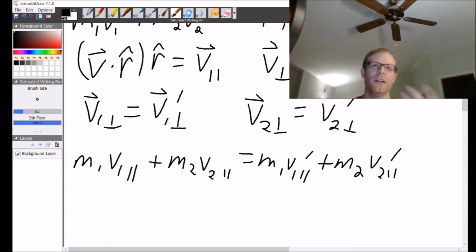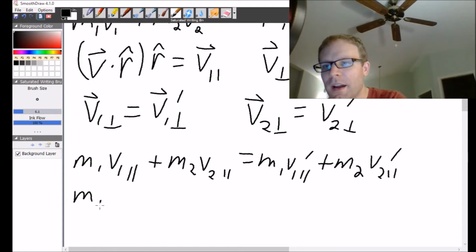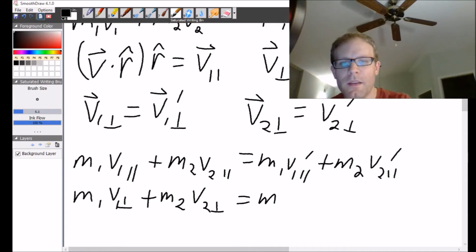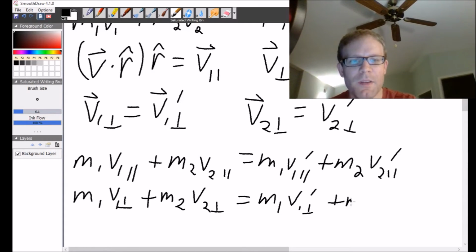All I've done is taken the conservation of linear momentum equation and added parallels to everything. It also means I can do the same thing with the perpendicular components. So here I'm just going to change out all of the parallel signs for perpendicular signs. m1 v1 perp prime plus m2 v2 perpendicular prime.